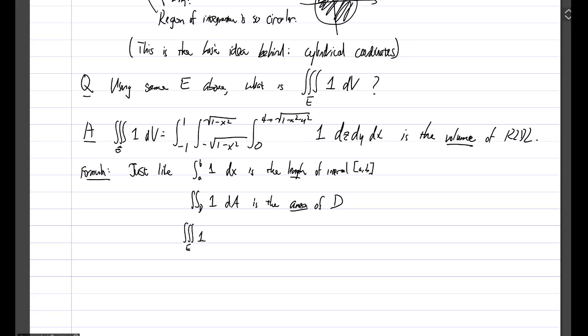Just like if you looked at the integral from a to b of the function 1 dx, this is the length of the interval a to b, and the double integral over region D of the function 1 dA is the area of the region D. Now the new thing is we have the triple integral over E of, again, if you integrate the function 1, that's the key thing here, dV, then this is the volume of E.